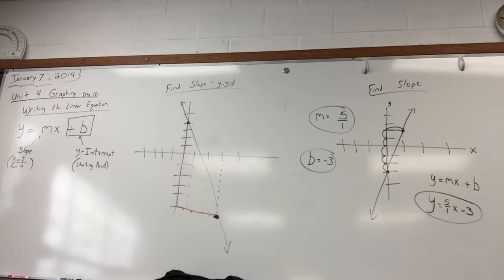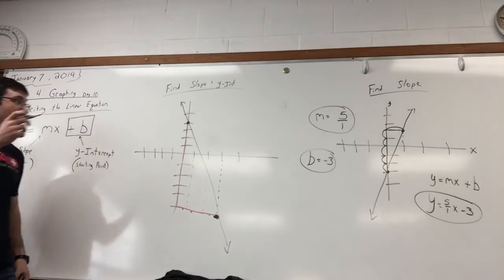So here's my question. Which is going to be easier to find, the slope or the y-intercept? What do you think, Cody? The y-intercept. Remember how we said my b is my starting point? That's the place that we're going to want to start when we're finding our equation as well.